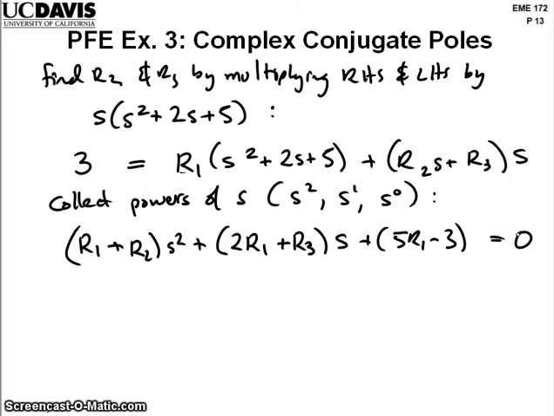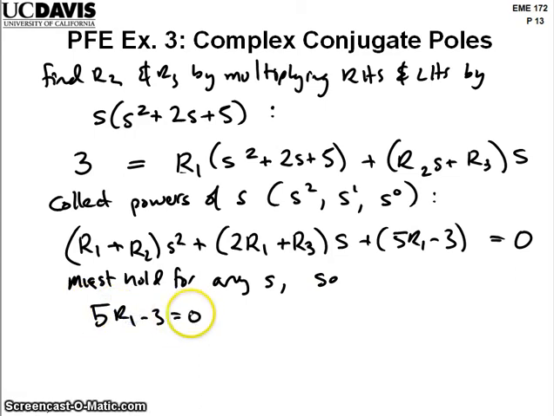Okay, so this is now a polynomial in s. I'm setting this thing equal to 0, so it must be that this holds for all values of s, and so each of these terms in parentheses must actually be equal to 0. So 5R1 minus 3 is equal to 0, which is R1 equal to 3/5.